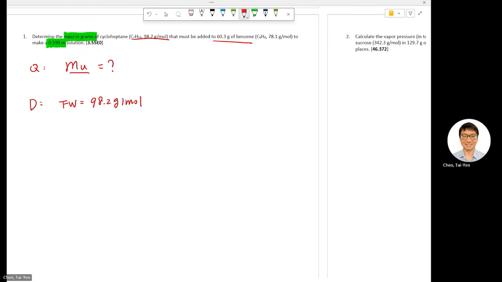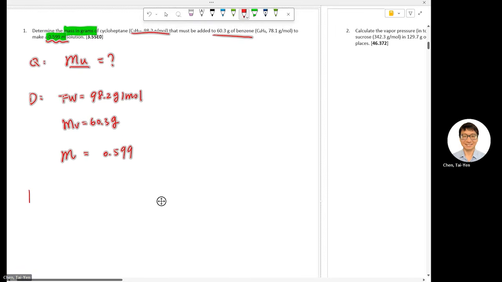That is your solvent, so the mass of your solvent is 60.3 grams. And this tells you the molality of your solution is 0.599 m. Those are all the information that you know.